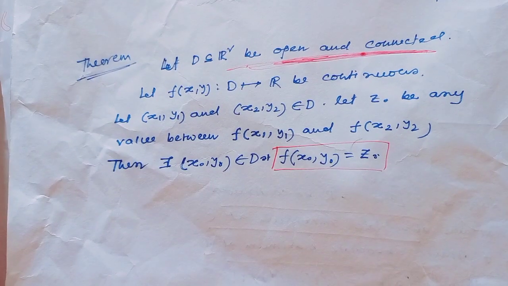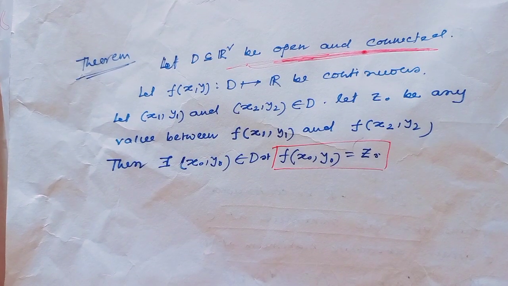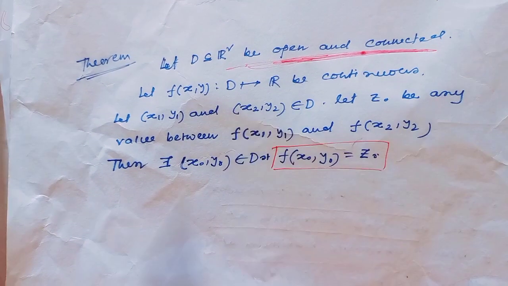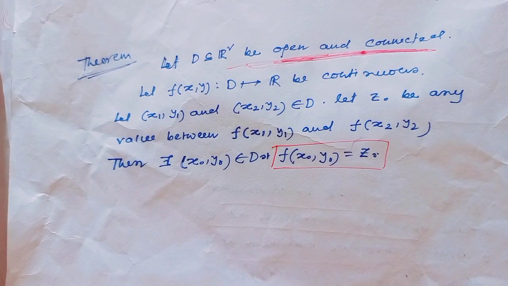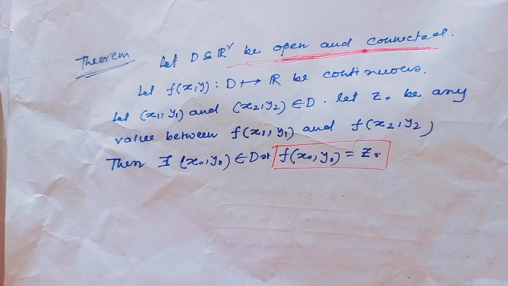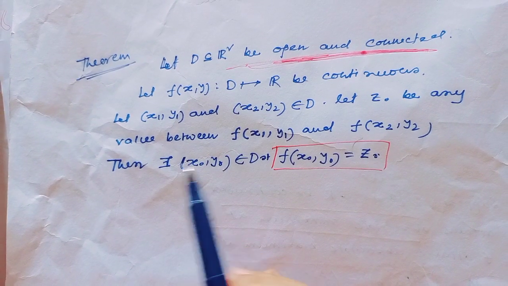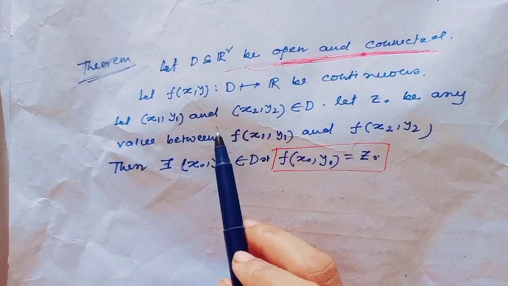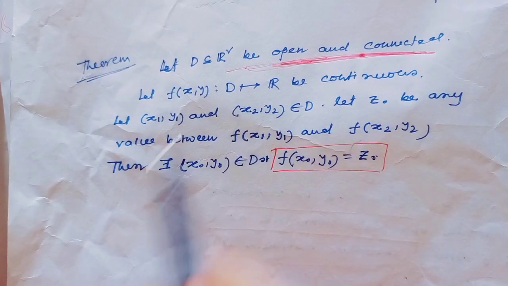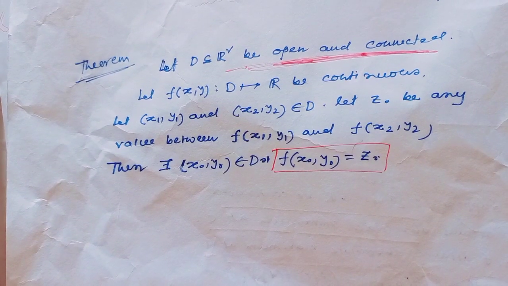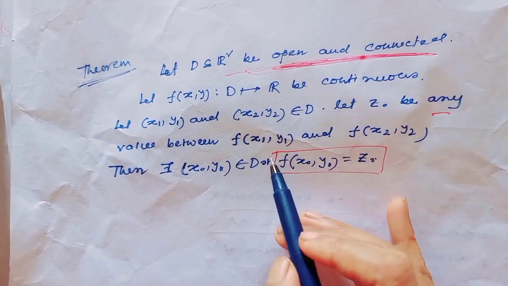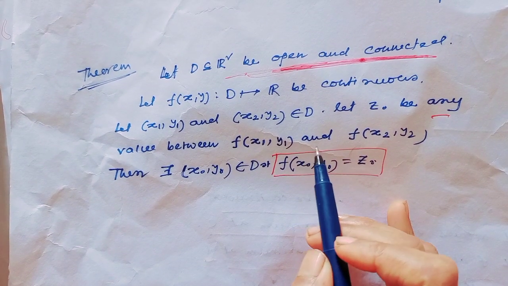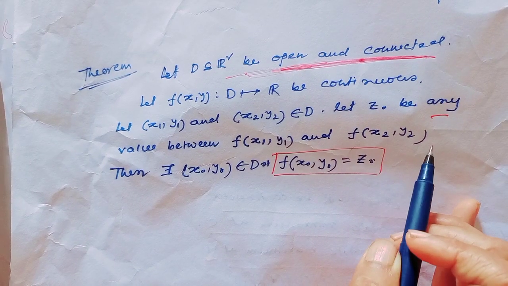Then define a function f of (x, y) from the domain D to R, where the domain is an open and connected set. Consider this function to be continuous, and consider two points (x1, y1) and (x2, y2) in this domain, and let z0 be any value between f of (x1, y1) and f of (x2, y2).